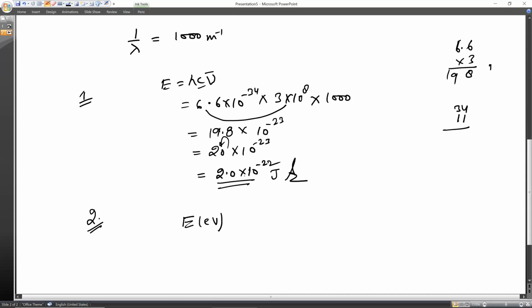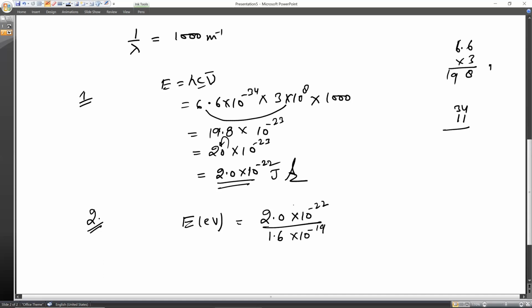It means how many electrons are going to have this energy. So this total energy, 10 power minus 22, we are just going to divide by the energy of the electron. And what is the energy of one electron volt? 1.6 into 10 power minus 19 joules. So we will divide this value by 1.6 into 10 power minus 19, then you will get the value in electron volt.